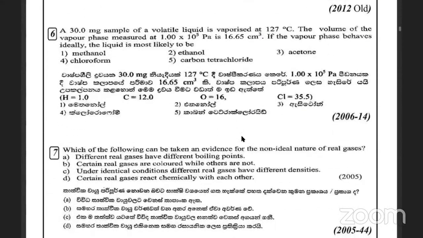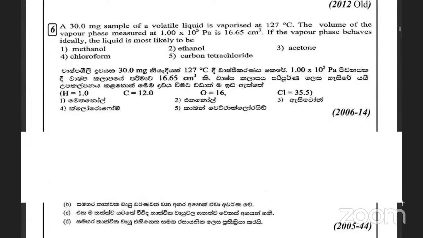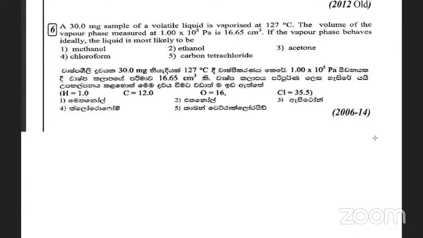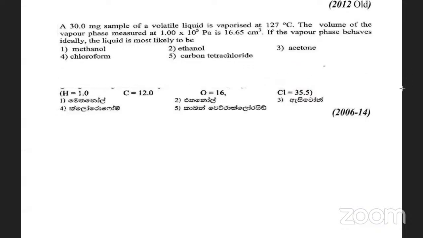Next one is 2006. Interesting. A 30 milligram sample of volatile liquid is vaporized at 127 degrees Celsius. The volume of the vapor phase measured at 1 into 10 to the power 5 Pascal is 16.65 centimeter cube.